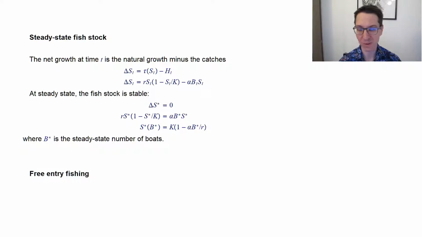So free entry fishing. So just think for a second, what do you think that means? How is it going to reveal itself in the equations?